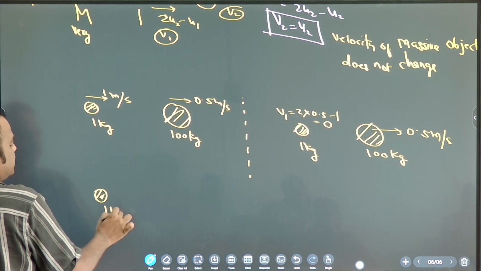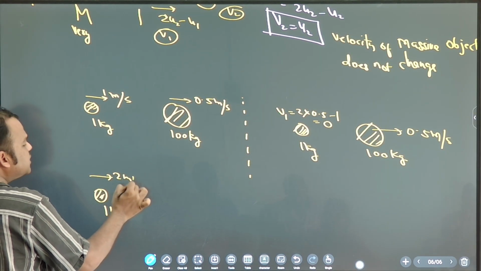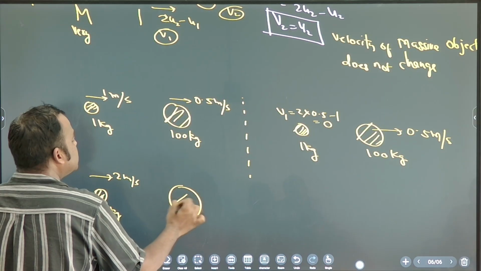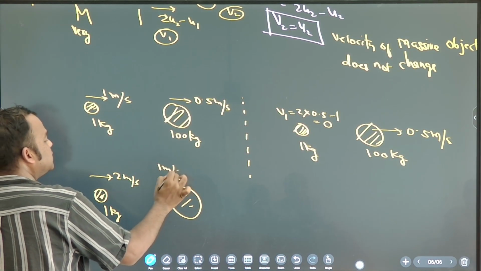Suppose this is 1 kg, going with 2 meter per second, and this massive object is going left side with 1 meter per second.